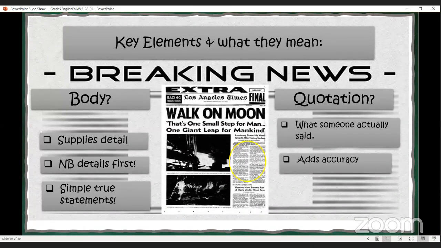If you look at this article, there is a quotation there, and I even have to squint to read it. "Heaven has become part of man's world," Nixon says. Now, in those days, Nixon was the president. So if the president said something, it adds accuracy to the article. It adds truth to it.